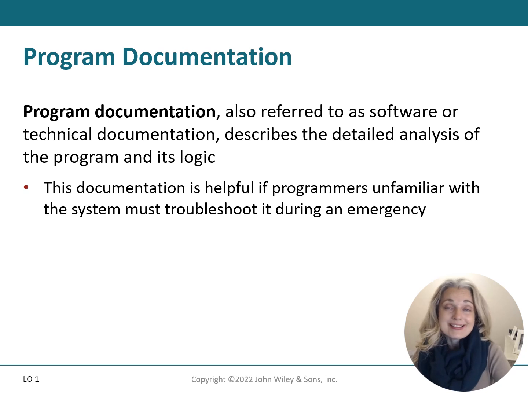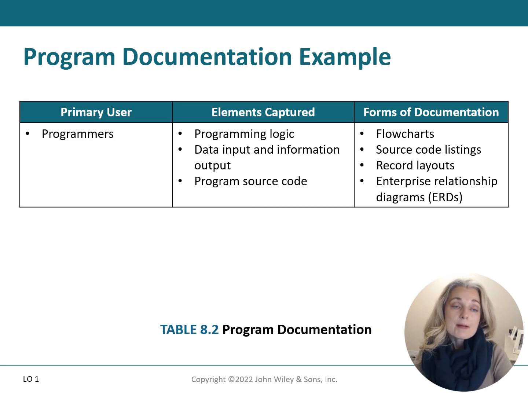As I mentioned in a previous slide, this has the programming code. So programmers can look at the code to see if there are any errors or bugs occurring. The primary users of this type of documentation naturally are programmers.